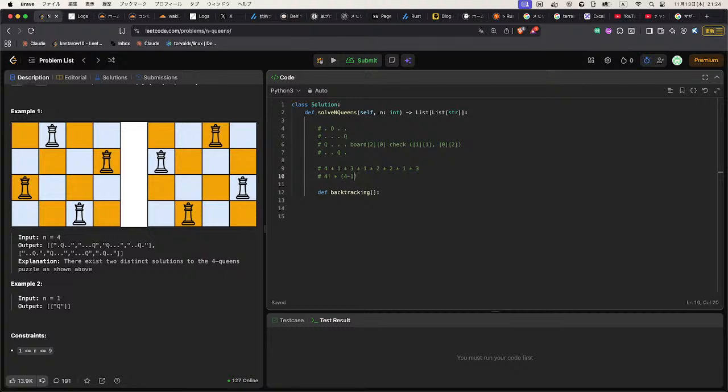We can regard this like this, and 4. But we can regard this as factorial, I think.